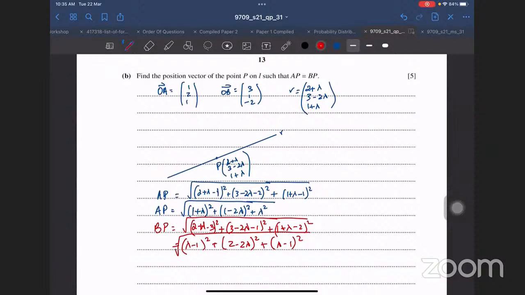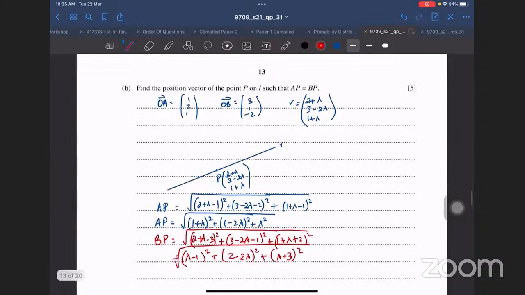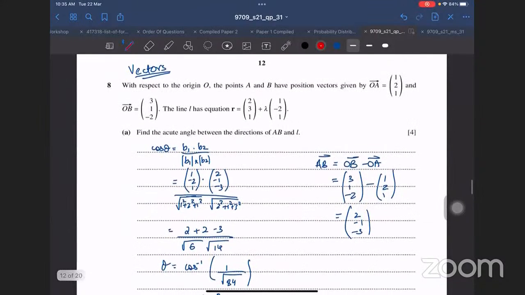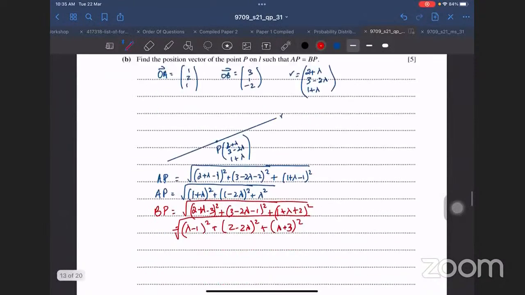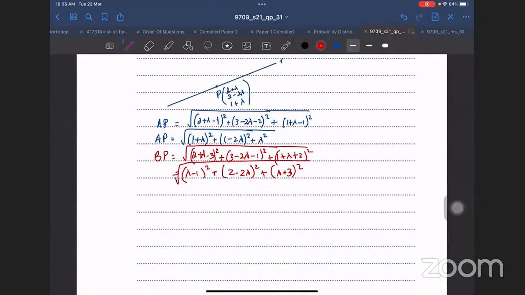This is going to be plus 2 lambda plus 3. Okay, then AP and BP need to be equal.